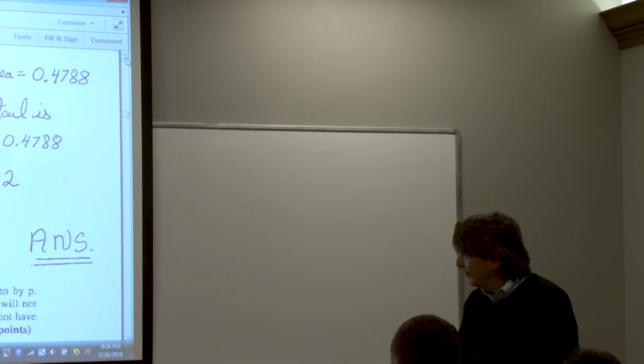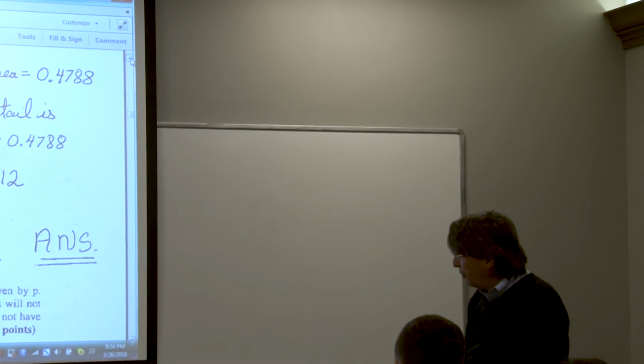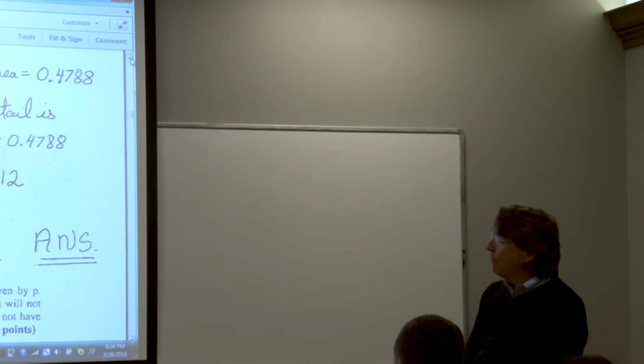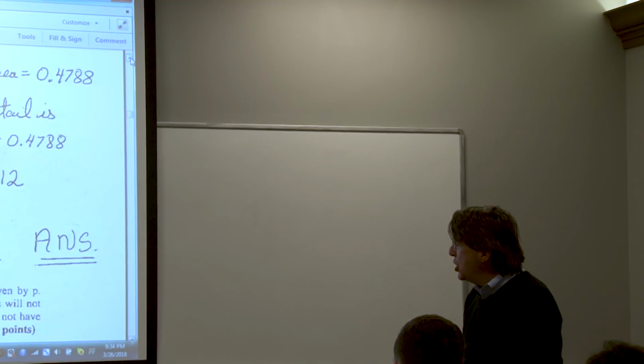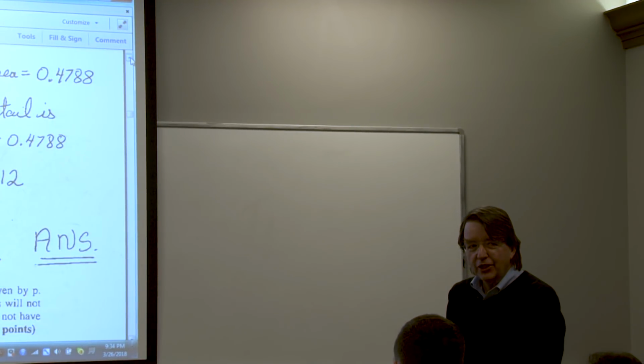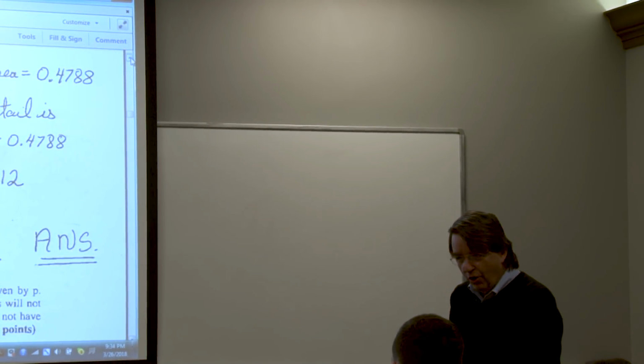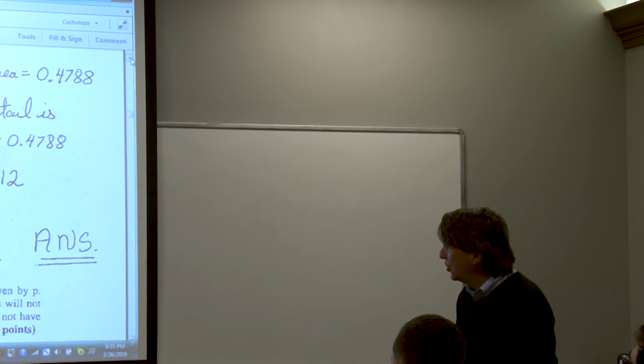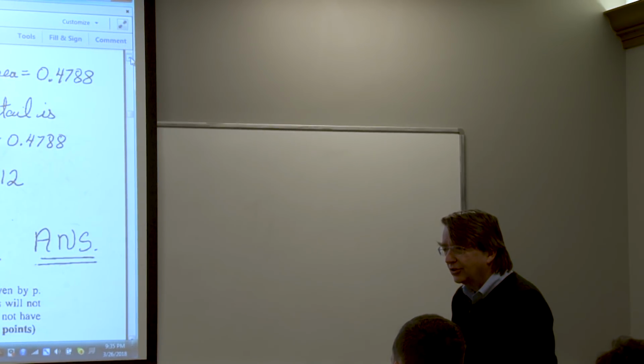So here it goes. It says, write an expression for the probability of no more than 2. Now, no more than 2 means, for example, 3 is no good. No more than 2 sensors will not work in a group of n sensors.